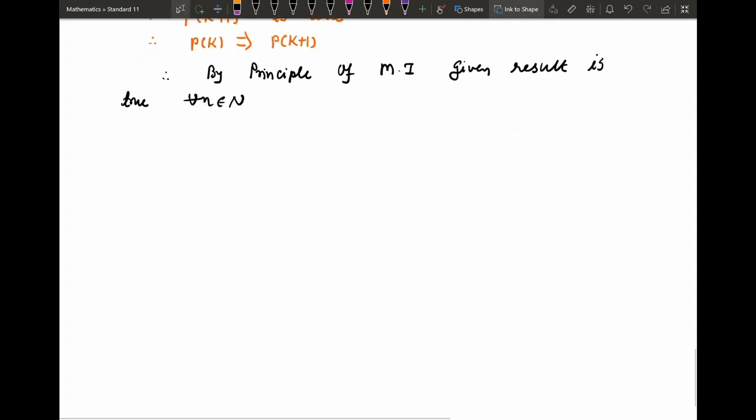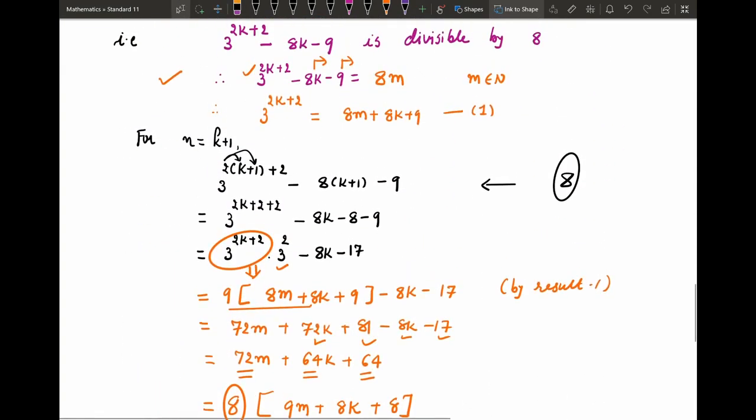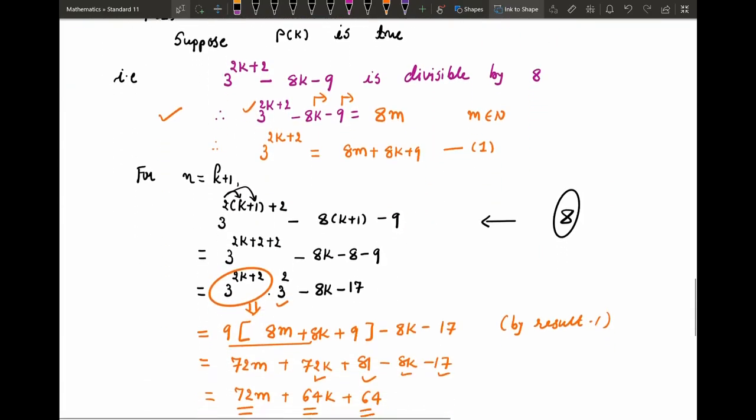Now we take one more example, the fourth one.